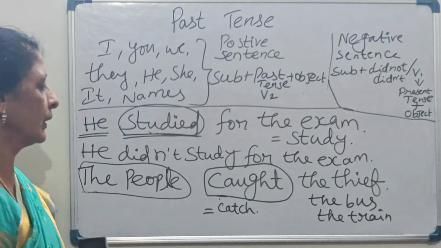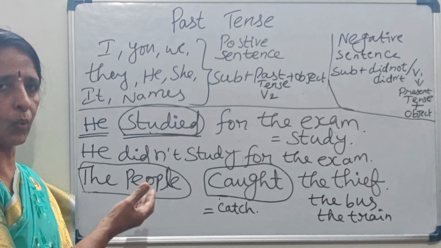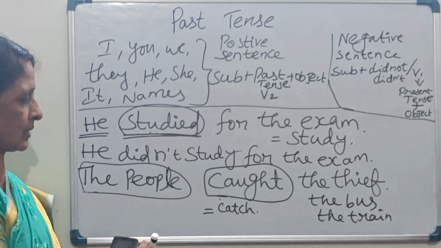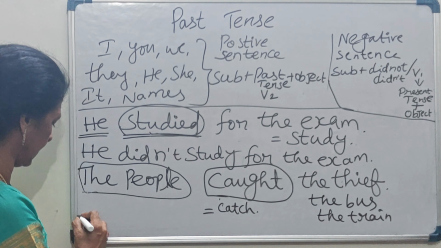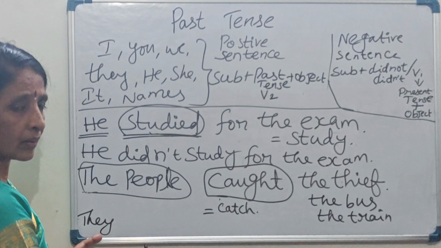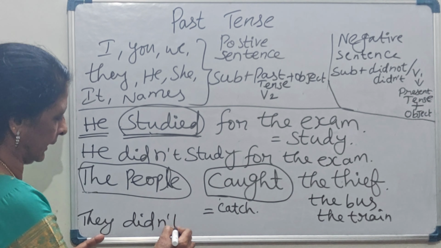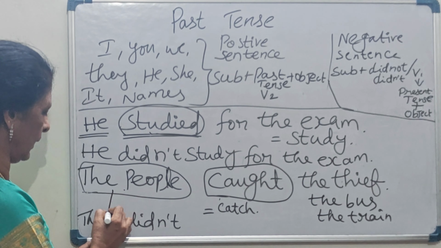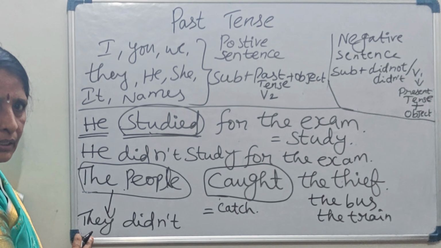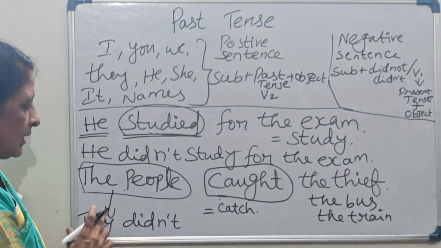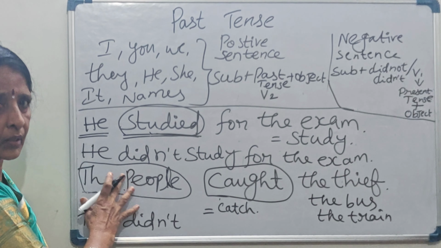Okay. Now suppose you want to say the same one in a negative sentence, we can say they. They did not, or didn't. They didn't. For the people we can say they. This is not one person, so many were there.